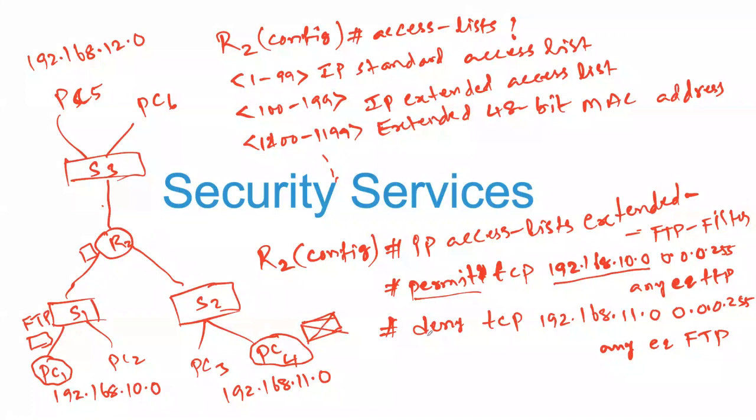It finds the network address 192.168.11.0, which is configured at the router level as deny, so it automatically drops that packet.